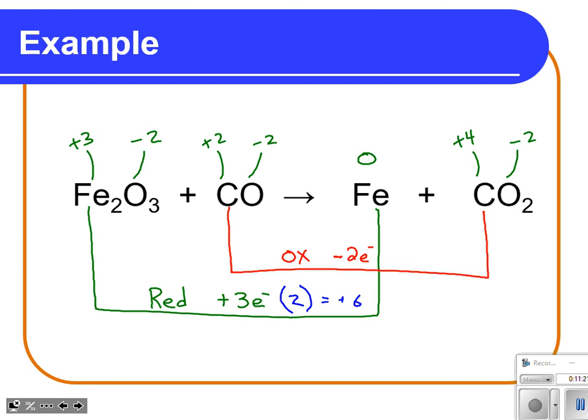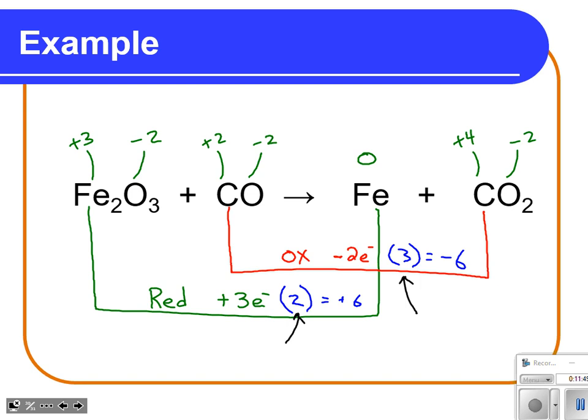My oxidation, I'd need to multiply that by 3 to get a minus 6. So now I've found my least common multiple for these two, and that's where I'm going to get my hint. My hint is going to be 2 right here for iron. My hint is going to be 3 right here for the carbon.